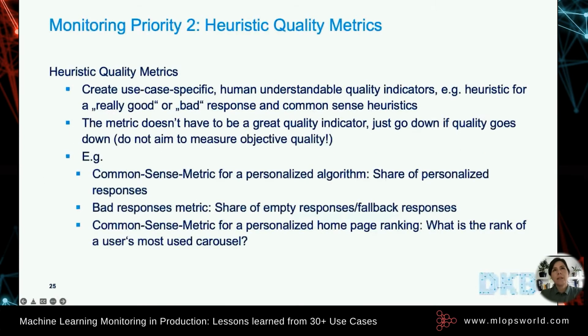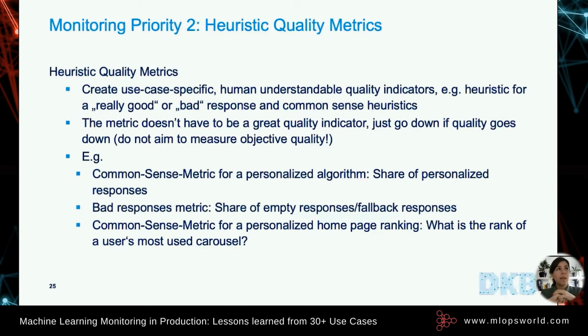Another great idea to monitor is a quality heuristic, which is human understandable. I was once in a talk by Spotify, and they told the audience that they have a heuristic for their homepage, which is a personalized ranking.